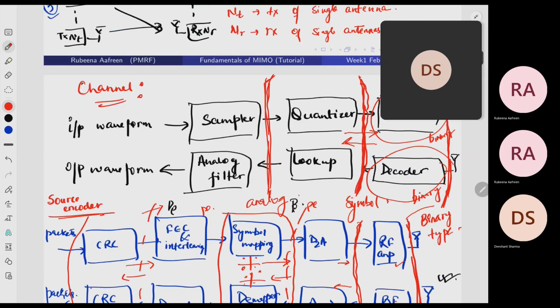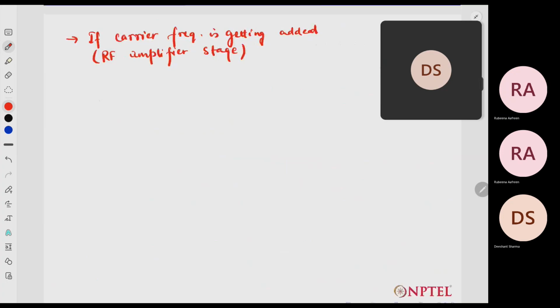Then at the receiver, the frequency component is removed.